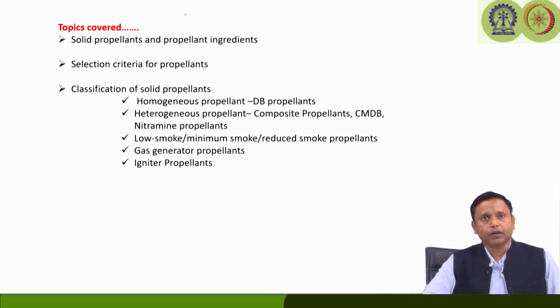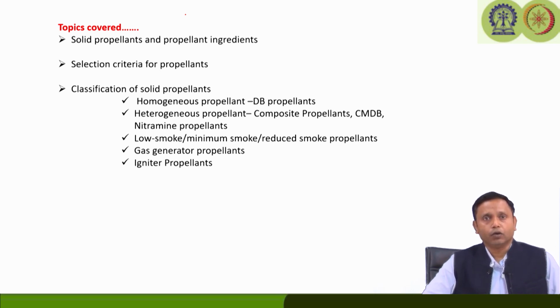If the fuel and oxidizers are mixed intimately, then that type of propellants are homogeneous propellants. For example, double base propellants are homogeneous propellants, where the major ingredients are nitrocellulose and nitroglycerin. And then we talked about the heterogeneous propellants like composite propellants, where polymeric binder is used to bind the solid fuels and solid oxidizers.